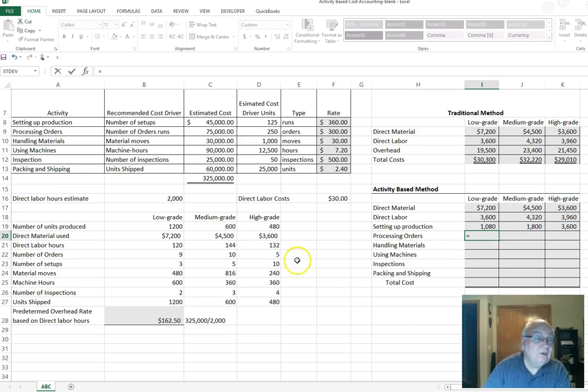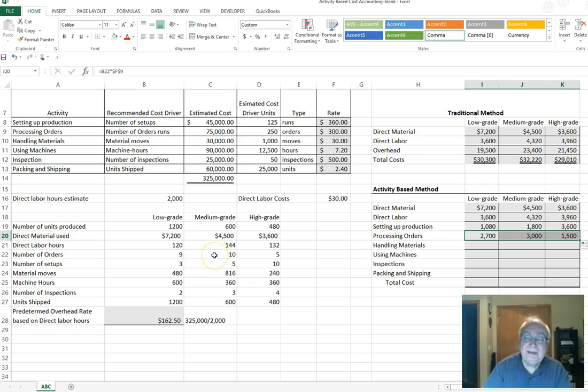Processing orders. Well, that's based on the number of orders that we had. So for the low grade it was 9 orders times our order cost of $300 per order. So that anchors the $300. And we drag that one across, because we want to take the 9 times 300, 10 times 300, and 5 times 300.